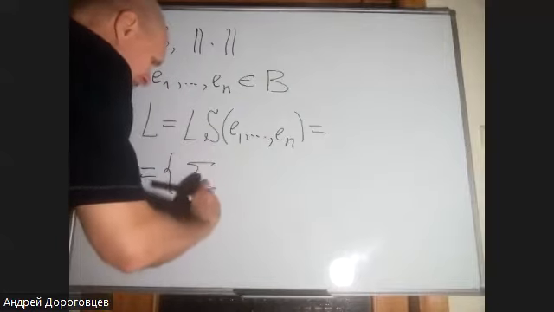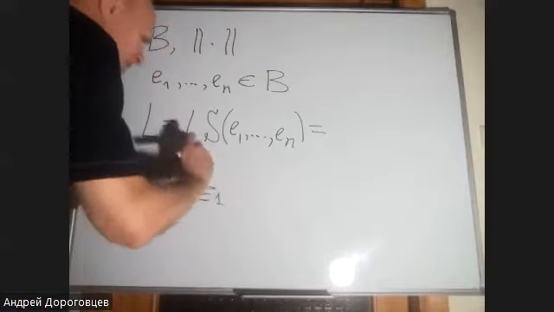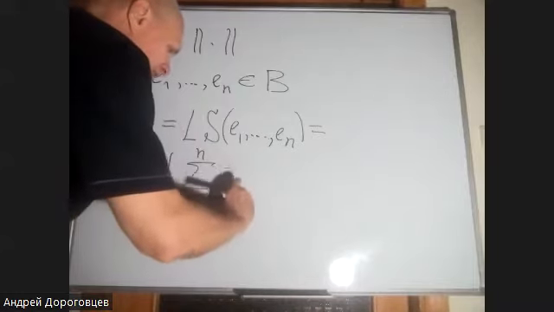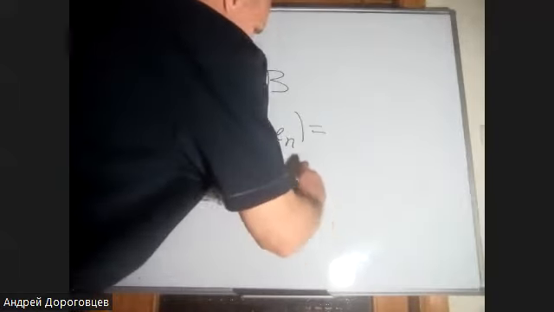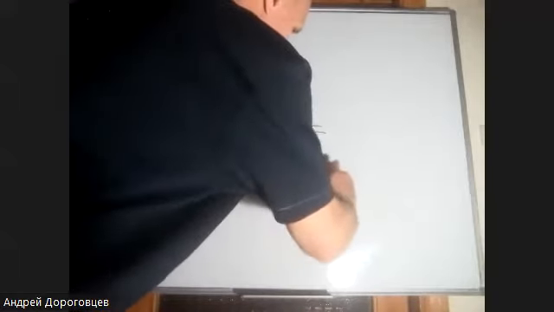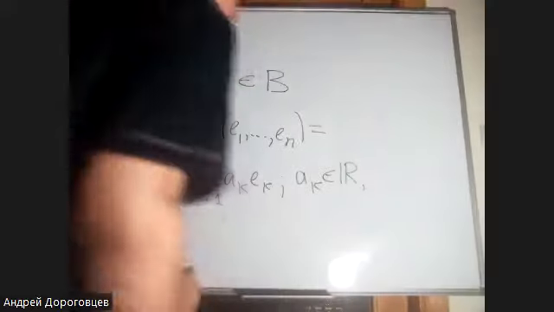So this is a set like this: sum from k equal 1 to n of ak ek, where ak is an element of the real numbers and k runs from 1 to n.